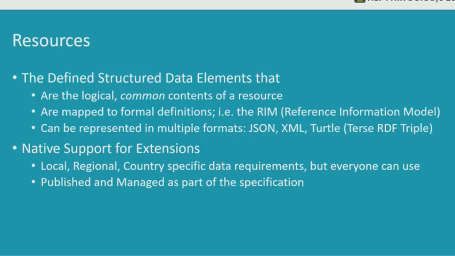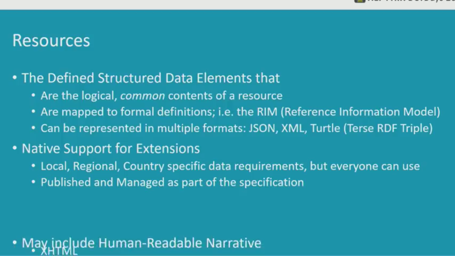So the extensions are defined as part of the specification, meaning that if you're going to extend the data, whether it's local, regional, country, might be for an implementation guide in a certain area, the idea is that those extensions, those additional pieces of data are going to be published as part of that implementation guide, and therefore it's part of the specification. So there's a standard way to do extensions with the resources.